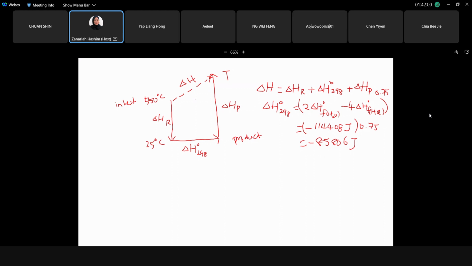So you need the heat capacity data, A, B, C, D. Normally I prefer to arrange my data in a table form like this. This is the inlet, or the reactant: you have HCl, oxygen and nitrogen, and then the moles.